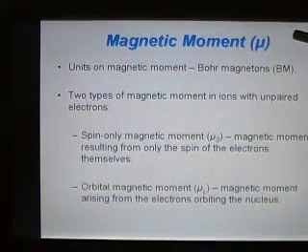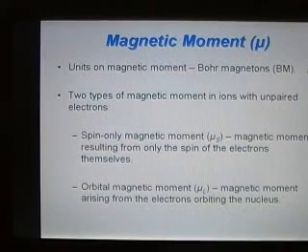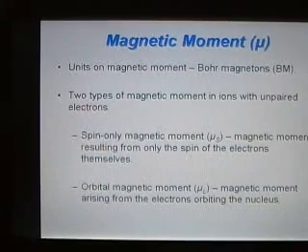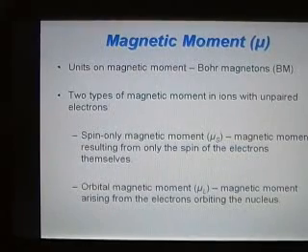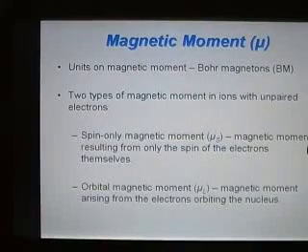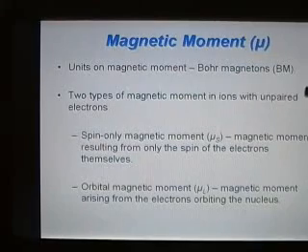When looking at magnetic moments, remember that Bohr magnetons, BM, are the units for magnetic moment. There are two components to magnetic moment in ions with unpaired electrons. You have a spin-only magnetic moment, where the magnetism is derived from the spin of the unpaired electrons themselves.